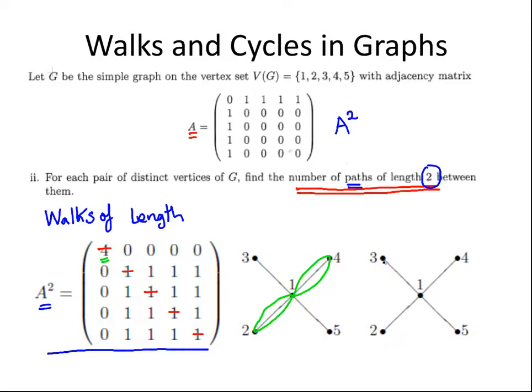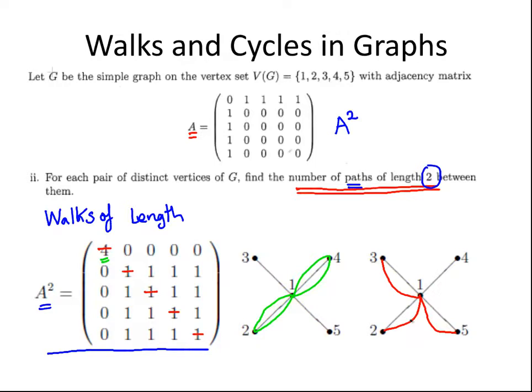For each pair of vertices, there is only one path of length 2 between them. For example, 3 to 1, and then down to 5. Likewise, for 3 to 2, you have to go to 1 and then go to 2.